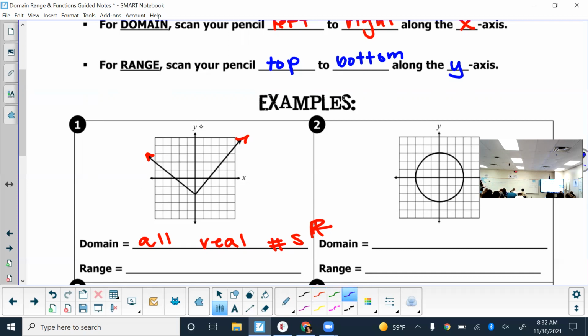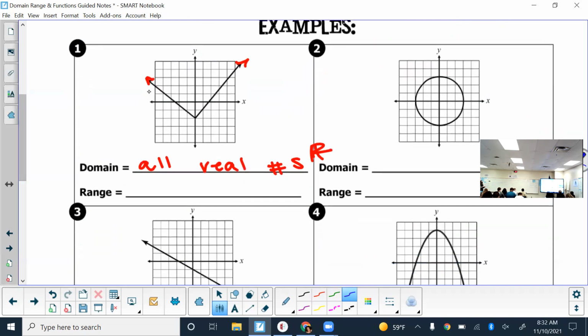Now for the range, we're scanning from top to bottom. Does the graph go infinitely upward? Yes. Does it go infinitely downward? No. It stops where? -2. Right there at y equals -2. So when that happens, it has one boundary, so we're going to represent it as an inequality.